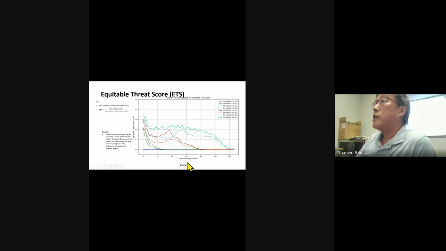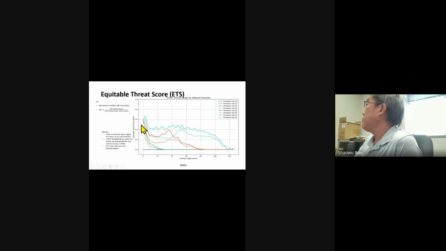This is for Hurricane Idalia. We can see the conclusions are similar to the result by the FSS. We can see for all the thresholds, HAFS A, the solid lines, show a better score than HAFS B, significantly, especially in the earlier forecast lengths, so shorter forecast lengths.